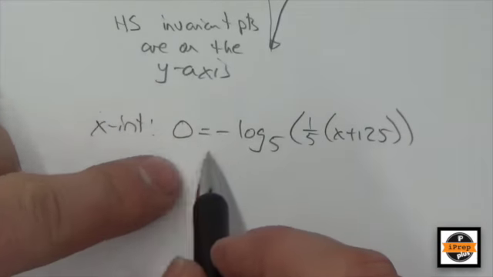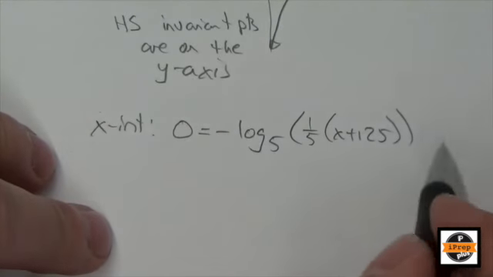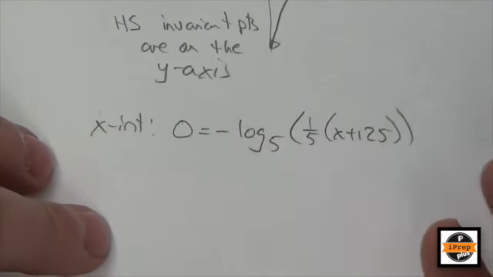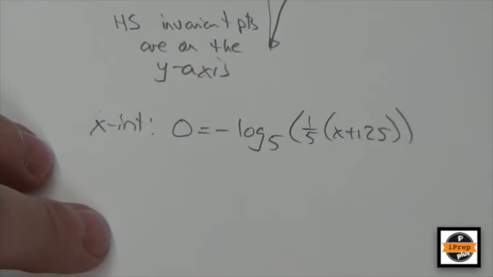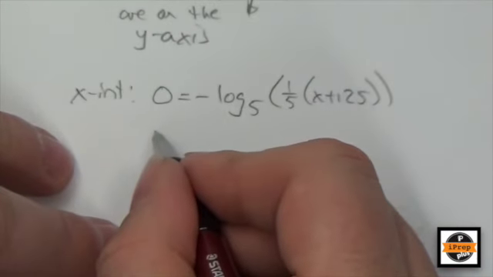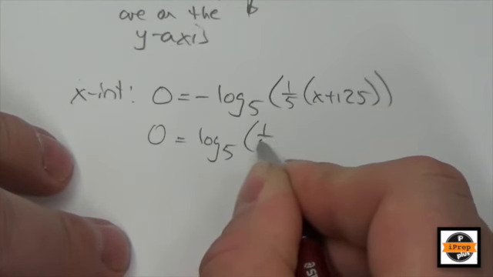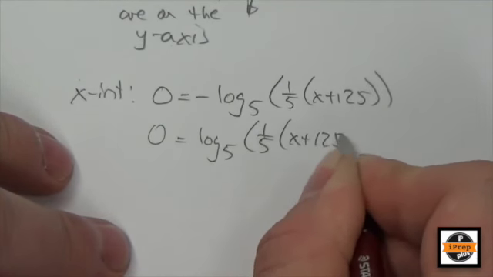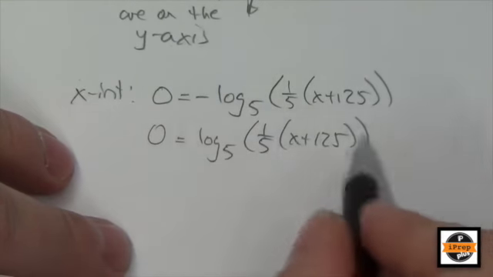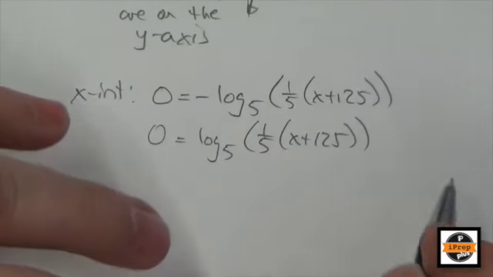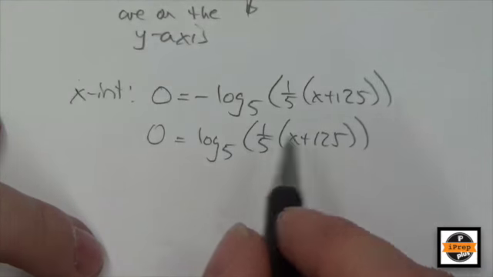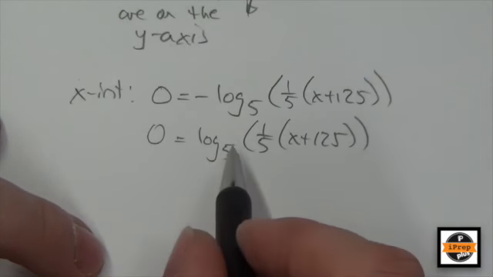So the first thing I'm going to do is remove the coefficient. There is no other term here, I'm just going to deal with the coefficient. And when you divide both sides by the negative, it just disappears. So I've got 0 is equal to the log base 5 of 1/5 x plus 125. I've got the logarithm isolated, so now it's time to convert this to the exponential. That's how I solve logarithmic equations.